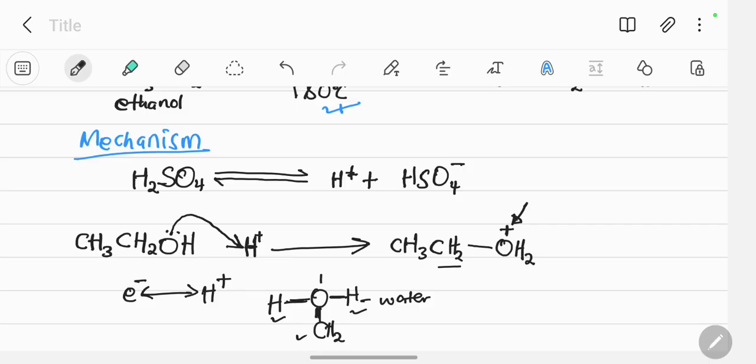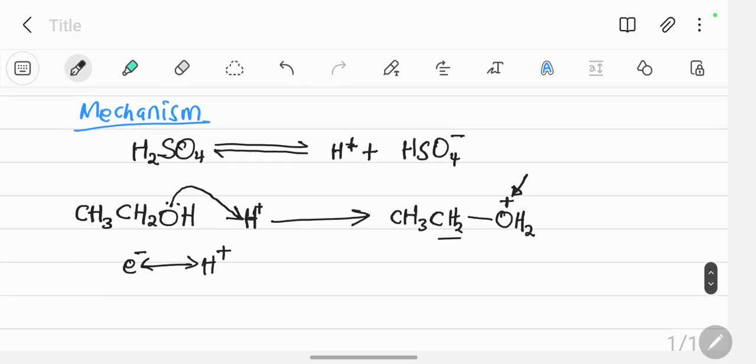So because of those excess bonds around it, this oxygen is going to obtain a positive charge there. When it obtains a positive charge, this is what happens next.